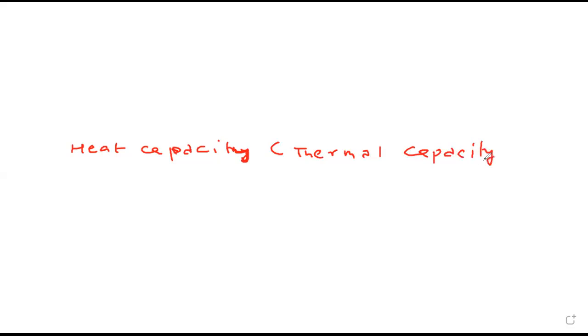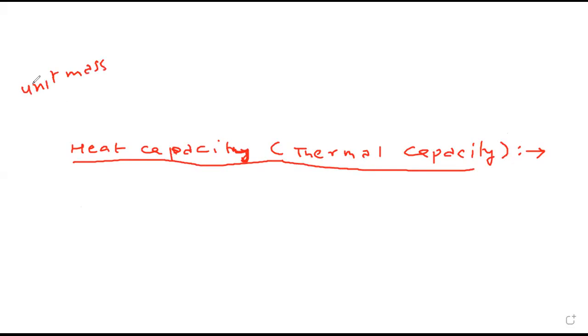Amount of heat required by unit mass of substance to rise or fall its temperature by 1 degree Celsius or 1 Kelvin was called specific heat capacity. In that we had taken unit mass of substance.